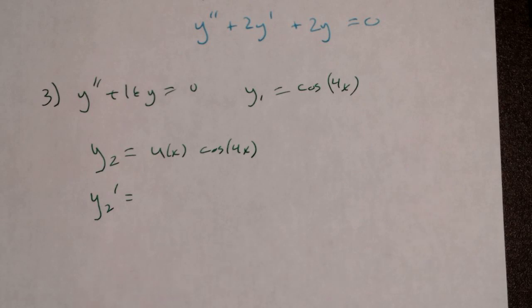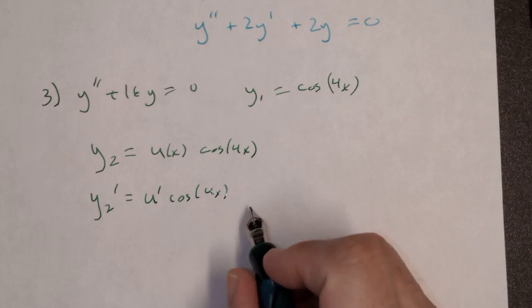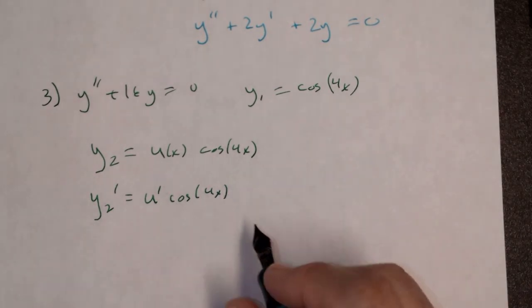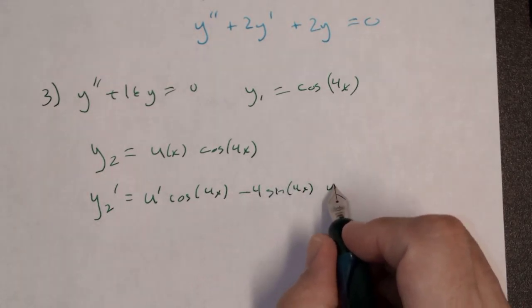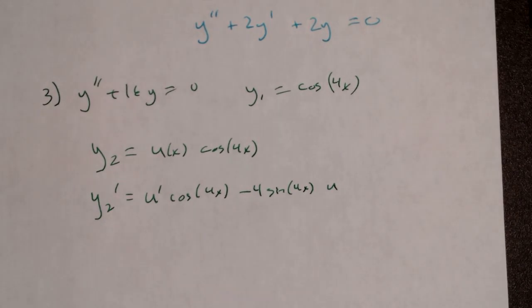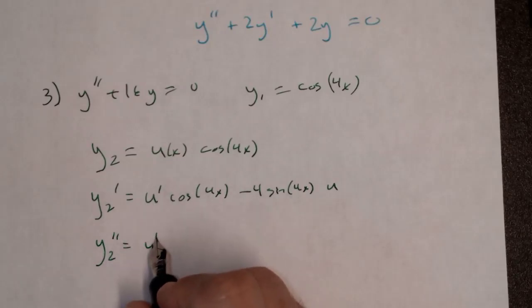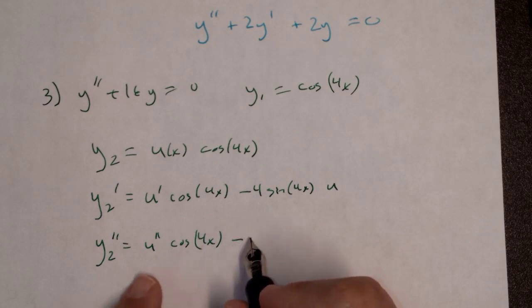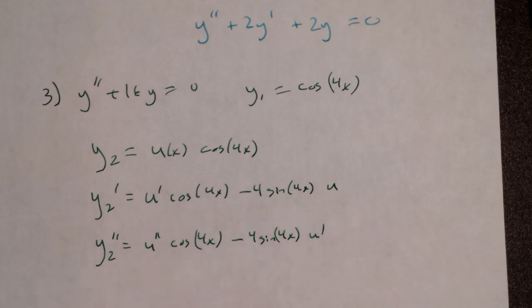So, product rule here. U prime times cosine 4x. Derivative of cosine is, but I get a 4 from the chain rule, so I get minus 4 sine 4x times u. Second derivative: u double prime cosine 4x minus 4 sine 4x times u prime.